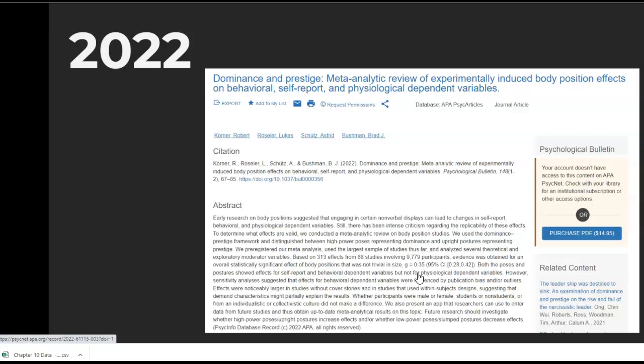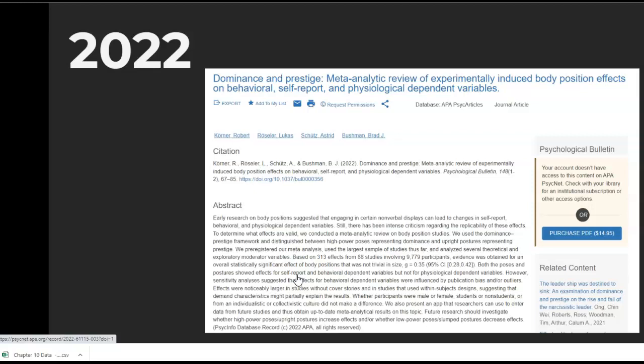Right? And they find that they get the effects for self-reported behavioral dependent variables, but they're not finding anything for physiological dependent variables. So there is a small effect that seems to be occurring for self-reported feelings of power and confidence. However, they question a number of methodological issues with the studies that find this.